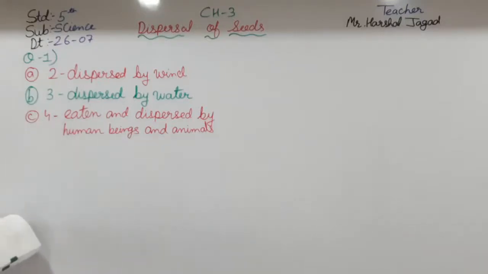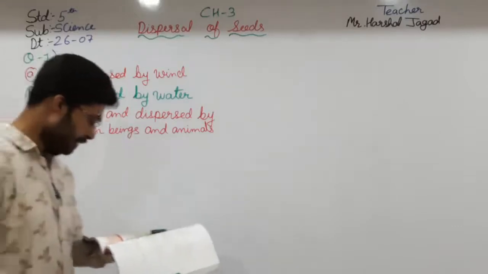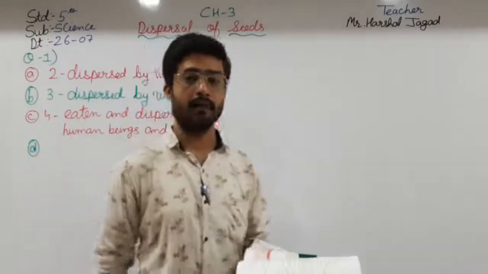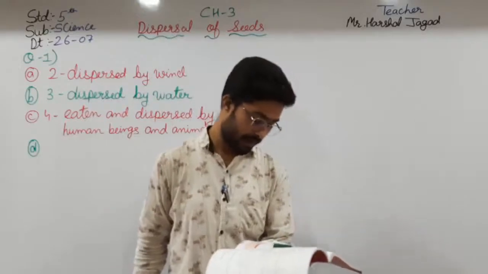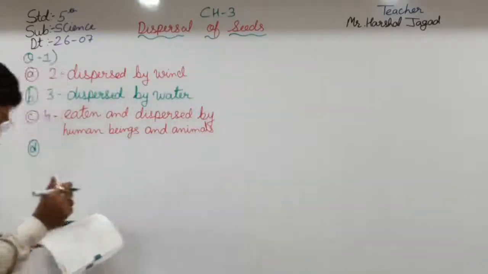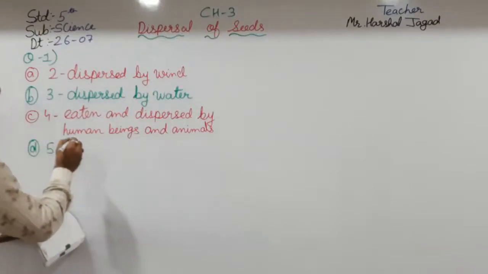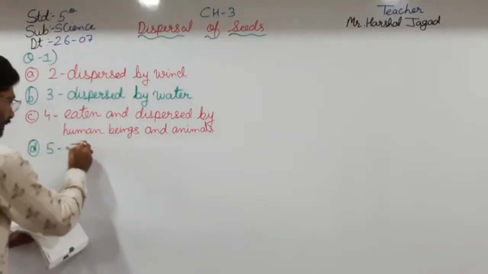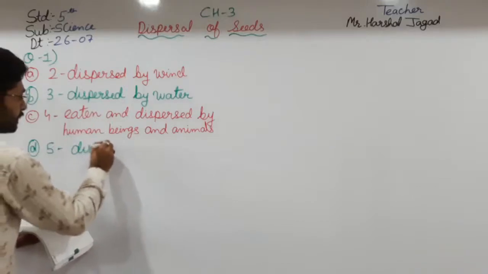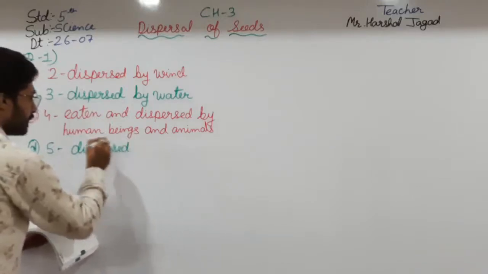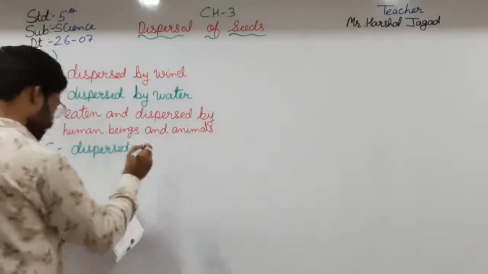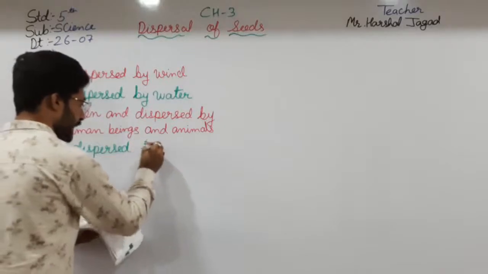Then D, that is seeds with burrs. So how is it dispersed? That is the fifth one, dispersed by animals.